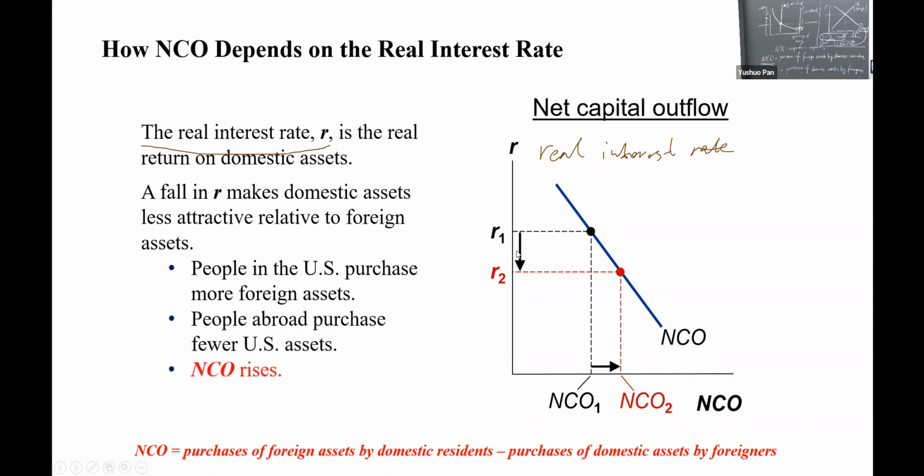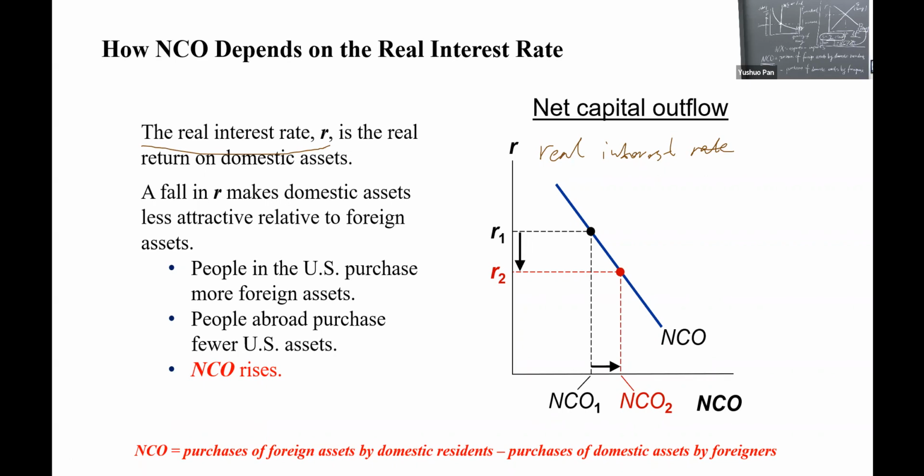If R decreases from R1 to R2, that makes domestic assets less attractive relative to foreign assets. This is the real interest rate for the domestic market, such as the United States.